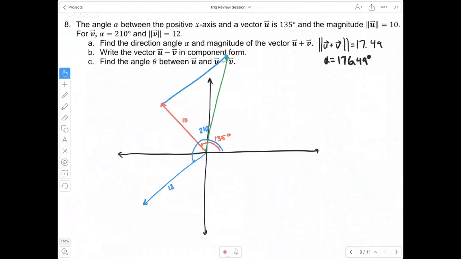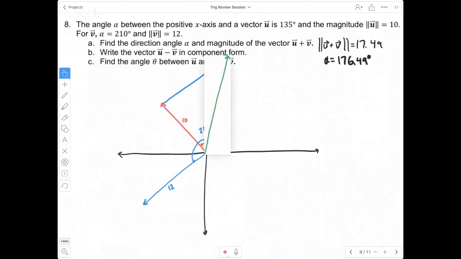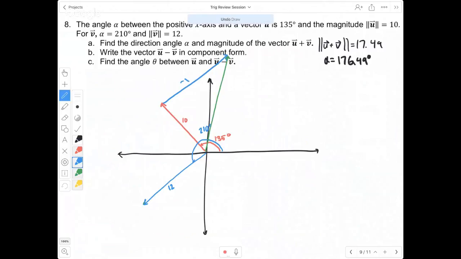Now, just a quick thing to notice is that u minus v, here it is with u in its original position, and I've made it so negative v is at the end here. Just for reference sake, that's the negative v vector.